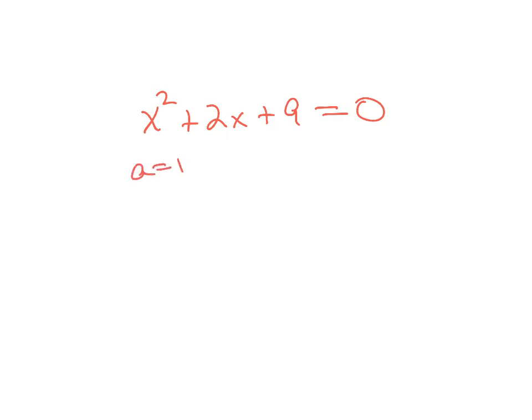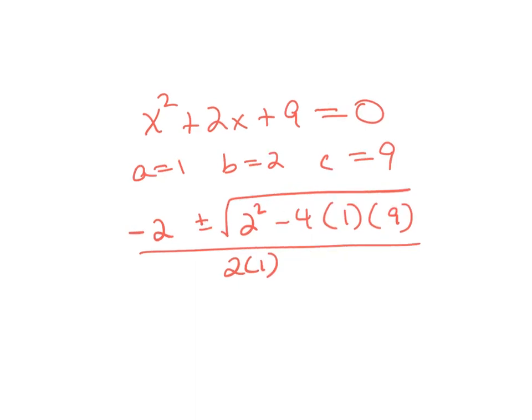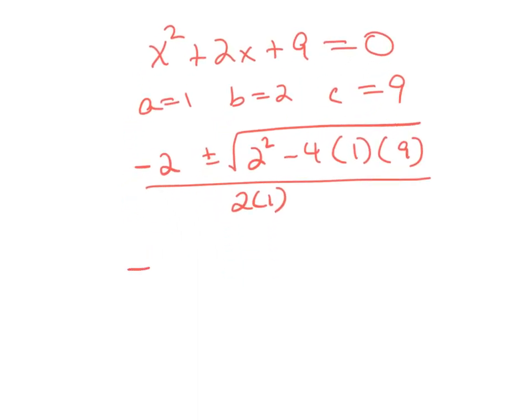My a value is 1, b is 2, c is 9. I'm plugging it into the same quadratic formula. So -b plus or minus the square root of b squared minus 4 times a times c, all over 2 times 1. And here's what's different.